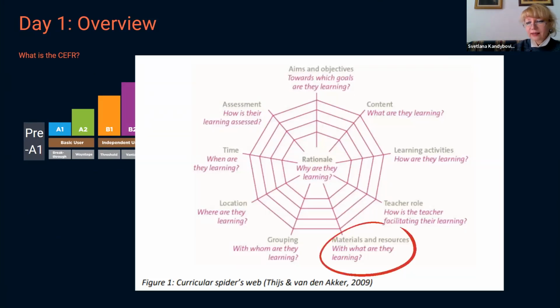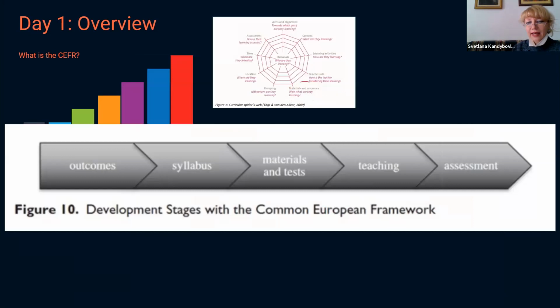Then we looked at the elements of the curriculum spider's web and focused on materials and resources, and discussed approaches to curriculum design and chose the backward design approach. With backward design, we begin with the learning outcomes we want to achieve based on the corresponding CEFR scales and can-do statements. These outcomes then inform our syllabus design, materials and tests, teaching, and ultimately the assessment of achieved learning outcomes.